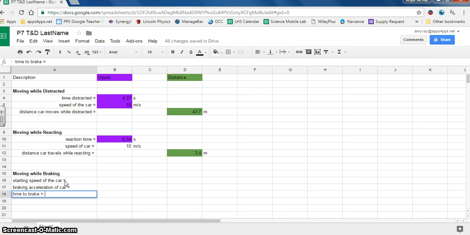I'm going to add in the final speed of the car, and then finally the distance the car travels while braking.